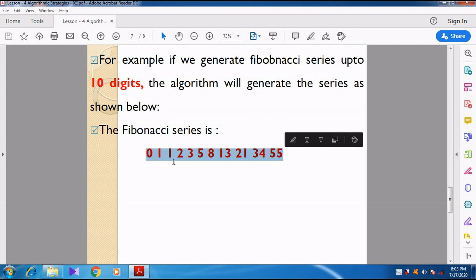Then 1 plus 1 becomes 2, 1 plus 2 becomes 3, 2 plus 3 becomes 5, 3 plus 5 becomes 8, 5 plus 8 becomes 13, 8 plus 13 becomes 21, 13 plus 21 gives 34, and 21 plus 34 gives 55.